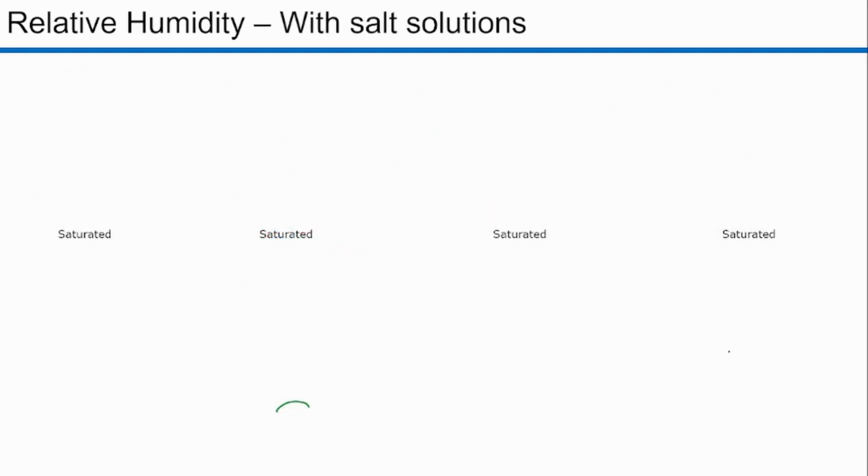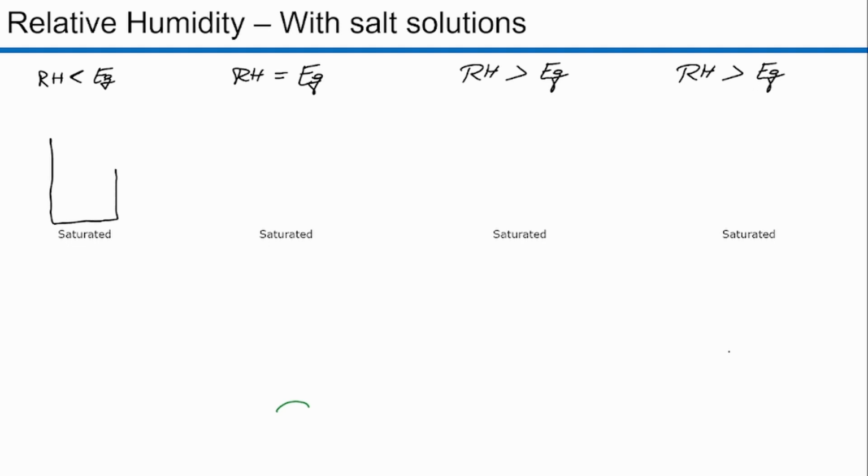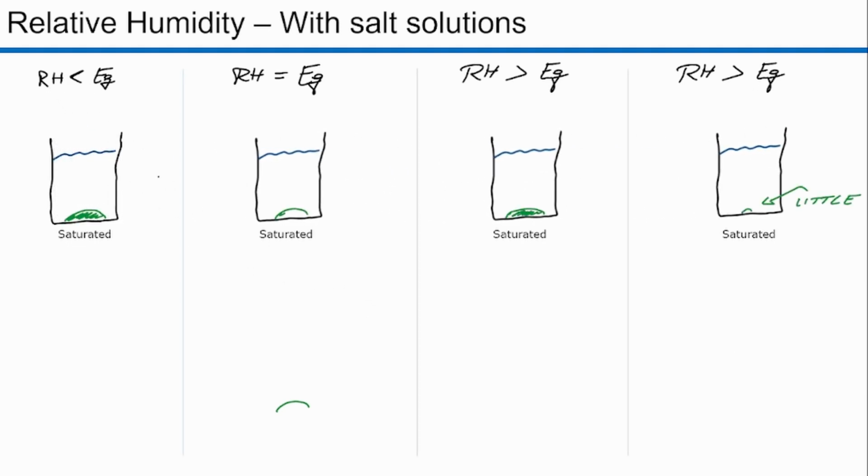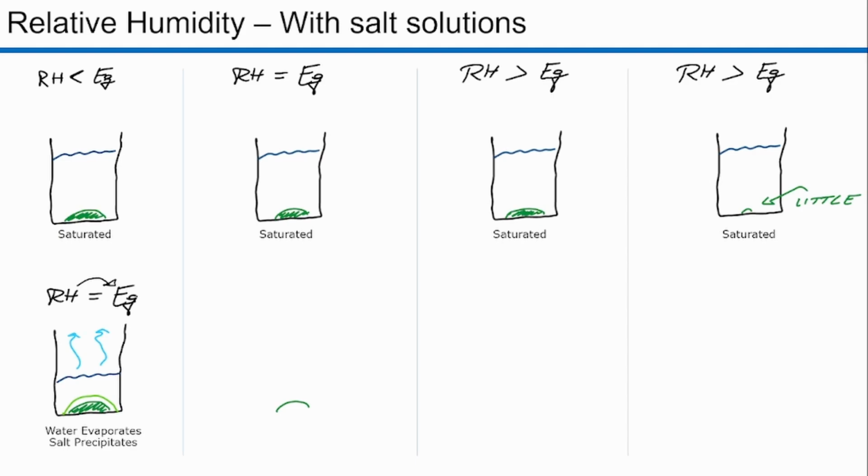What does this mean for your crystals? Well, let's check out these scenarios. First, if your relative humidity is lower than the equilibrium and you have some solute in your saturated solution, water evaporates because it will tend to bring the relative humidity back to the equilibrium, so it will lose water, and in turn your salt will precipitate.